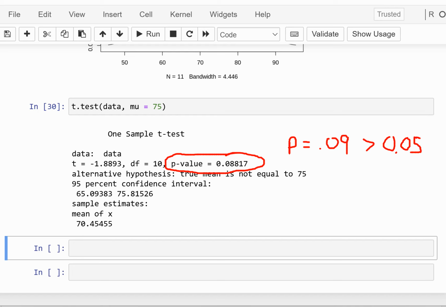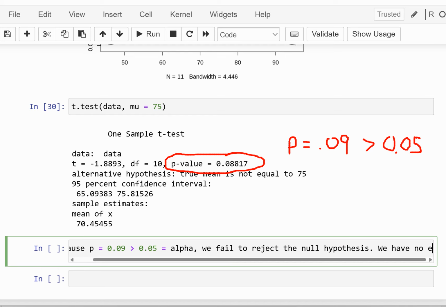Okay, so what is my result? Right? Because p equals 0.09, which is greater than 0.05, which equals our alpha for the moment, we fail to reject the null hypothesis.